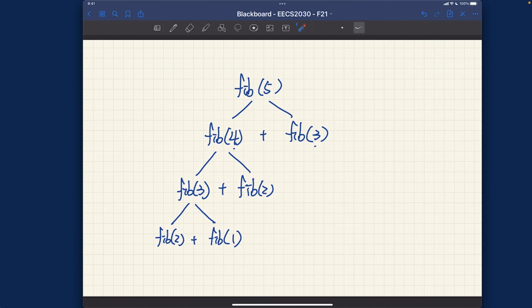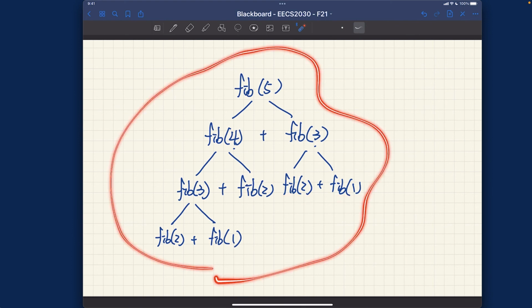So far we got base case, and base case. And this one here is not really base case, so we gotta go further for the recursive call. And this one here is going to be Fibonacci of 2 plus Fibonacci of 1. And now in this case, we got base case and also base case. So this will be the high level tracing for Fibonacci of 5.